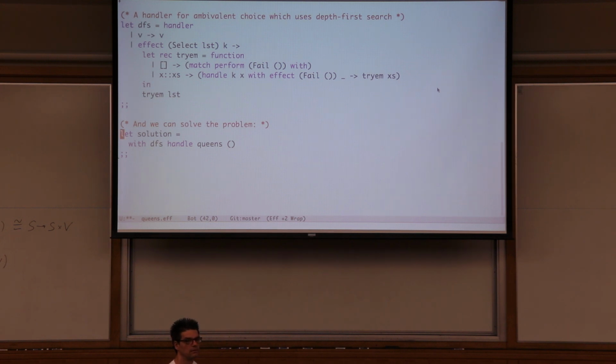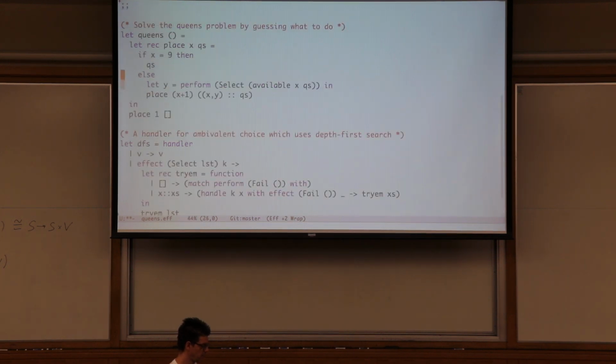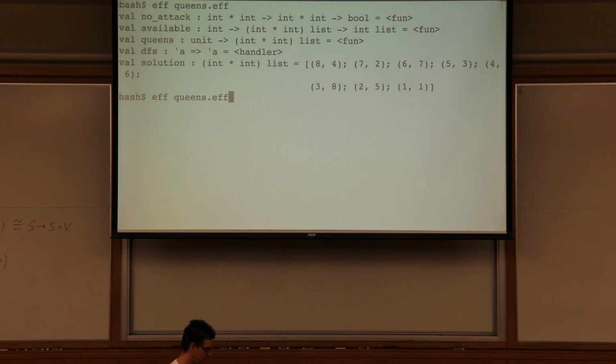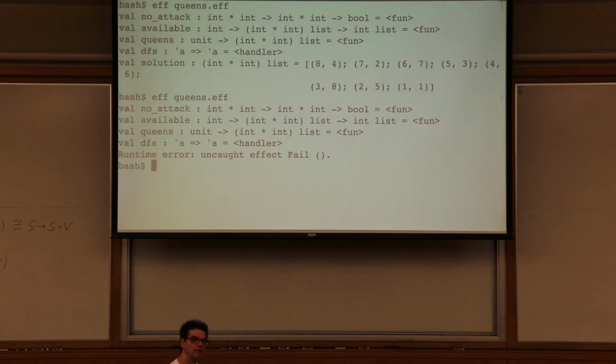Yes? What happens if there's no solution for all choices? If there is no solution, so suppose here I made a mistake and I wrote 19. Okay? So then probably something is going to go wrong. Well, what happened was that it ran out.